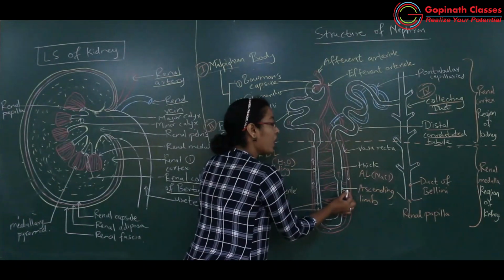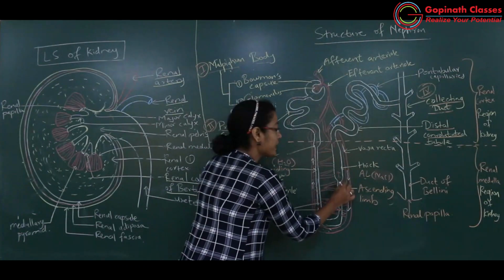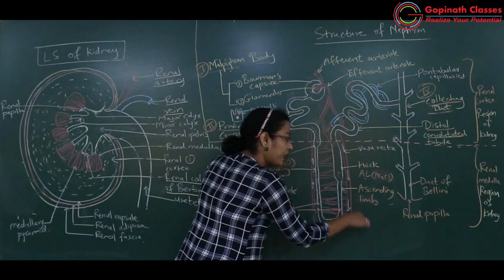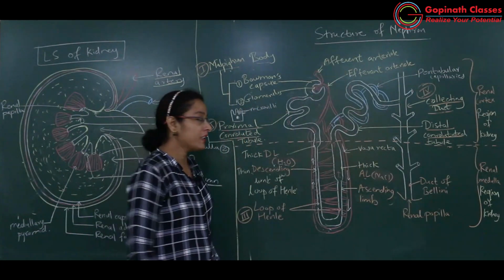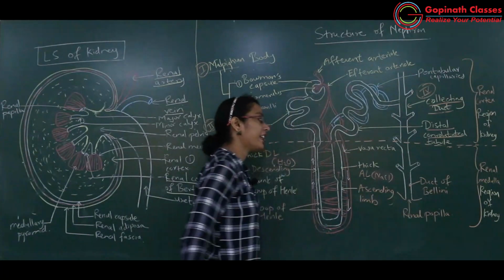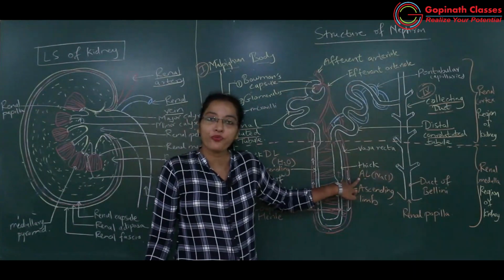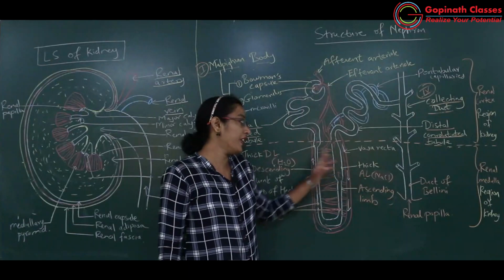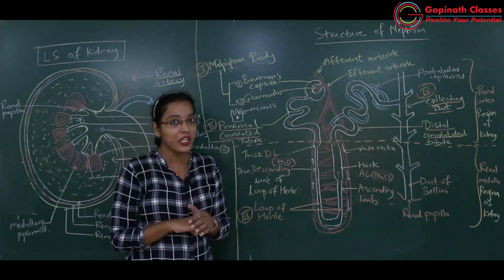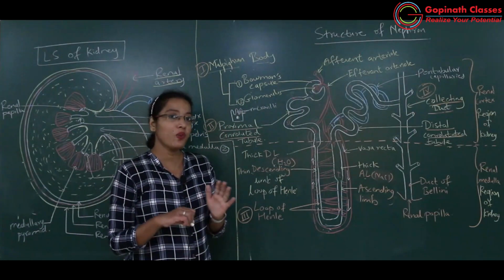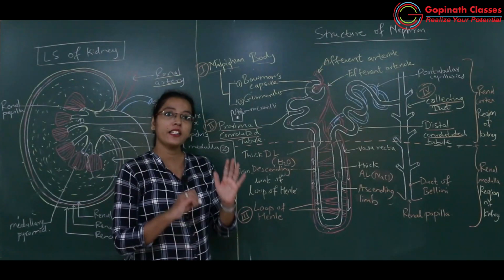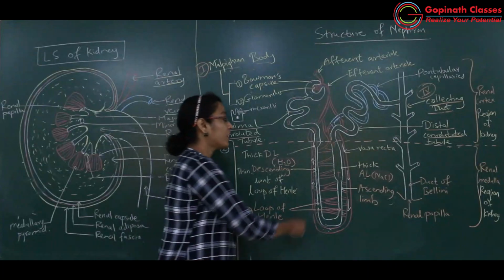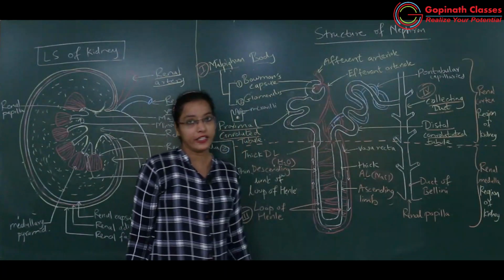In the ascending limb the nephric filtrate is moving in this direction and the blood is moving in the opposite direction in the vasa recta, which is present next to the ascending limb of the nephron. Got it? So it is very important that you remember the direction and what the vasa recta is. The vasa recta is the U-shaped blood capillaries which are present around the U-shaped loop of Henle.